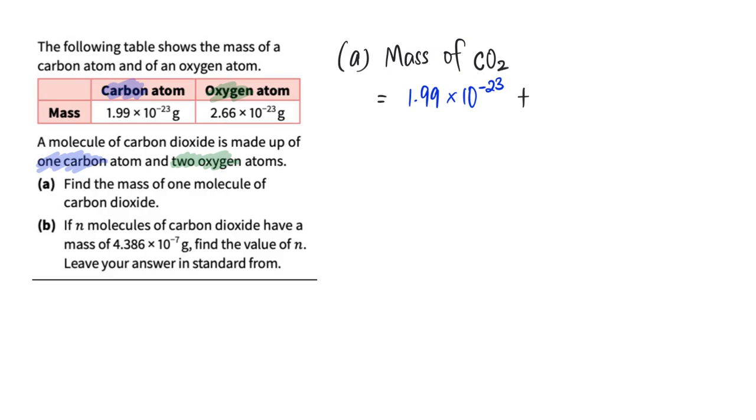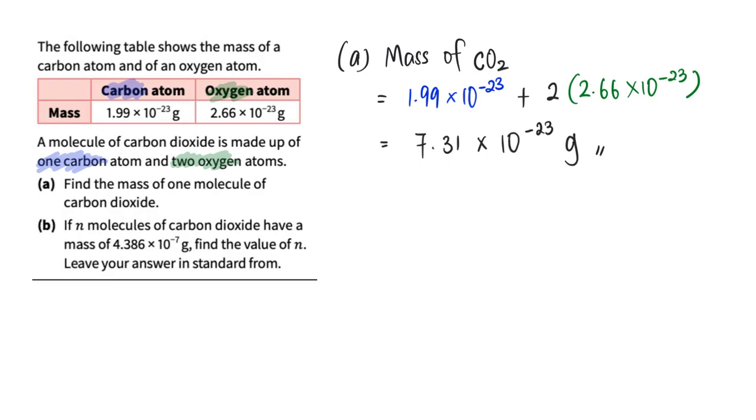I just need to add 2 oxygen atoms, so 2 times 2.66 times 10 power negative 23. And this will give me the answer of 7.31 times 10 to the power of negative 23 gram.